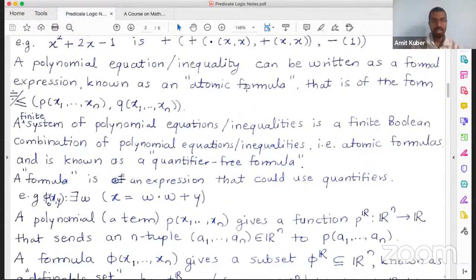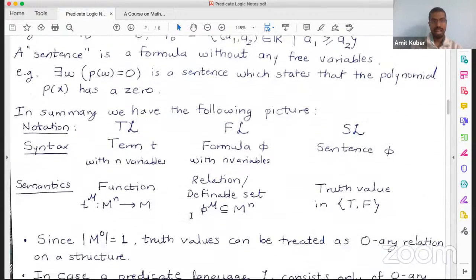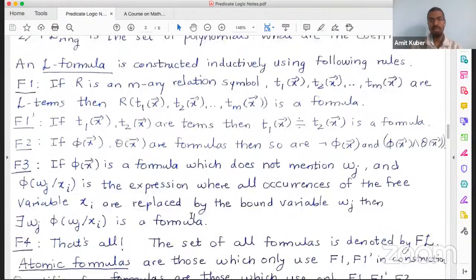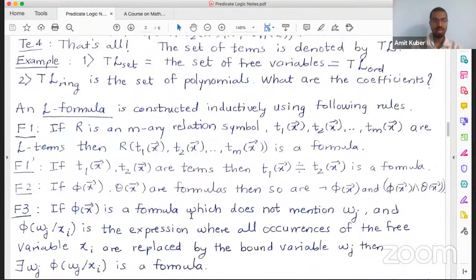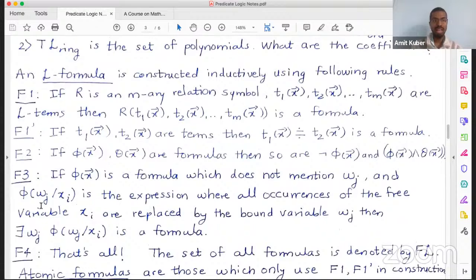Right. I hope the participants got my question about integers. I want to say something more while I'm on this topic, that the formulas which contain quantifiers, because we are at the topic of expressibility of a language.